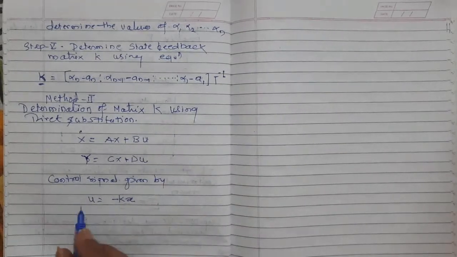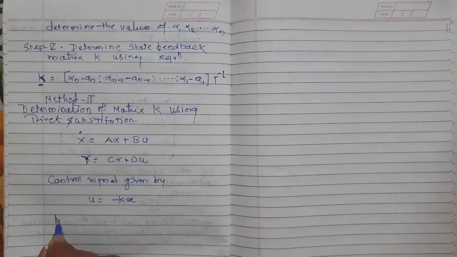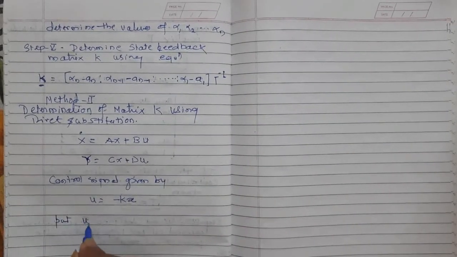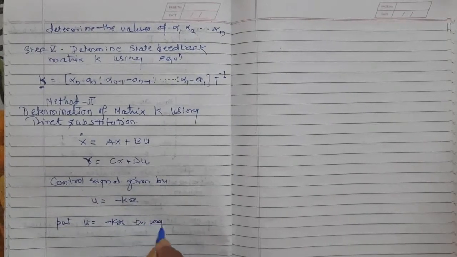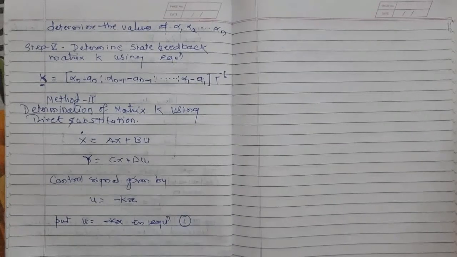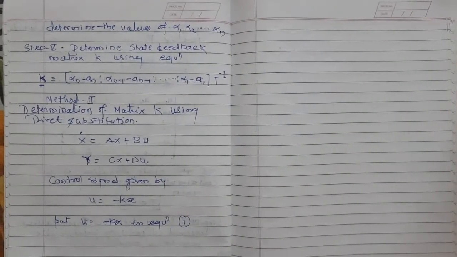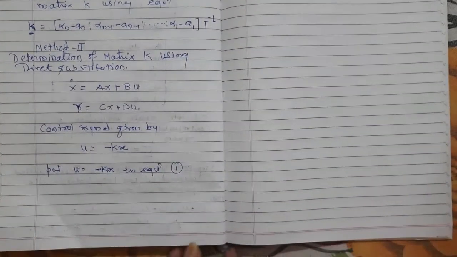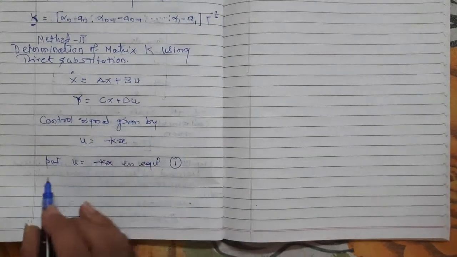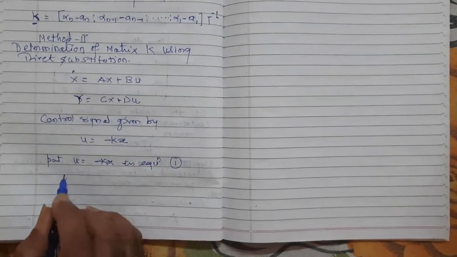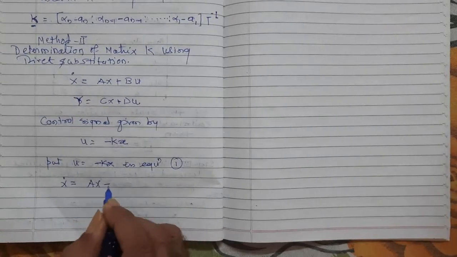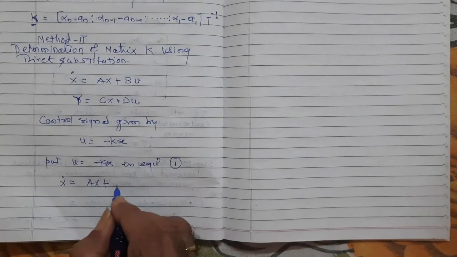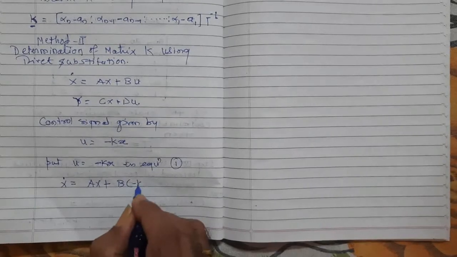So put u equals minus Kx in equation 1. We get x dot equals Ax plus B multiplied by minus K into x.